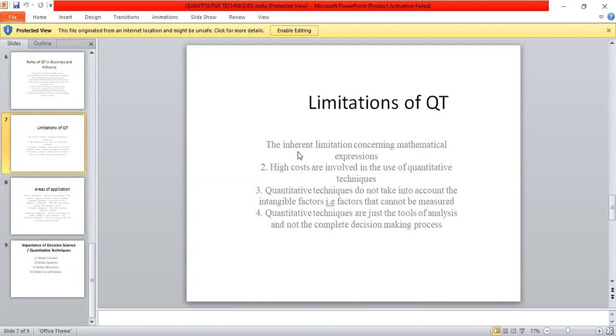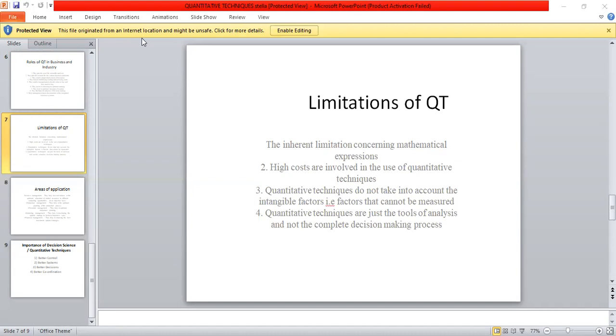Let's look at the limitations of quantitative techniques. Terry, take us through limitations. Okay. The limitations of quantitative techniques include the inherent limitation concerning mathematical expressions. High costs are involved in the use of quantitative techniques. Quantitative techniques do not take into account the intangible factors, that is, factors that cannot be measured.